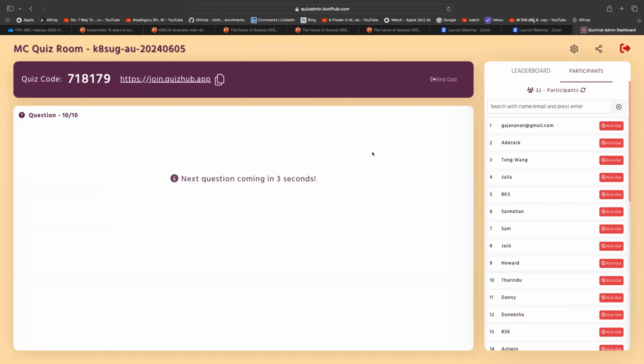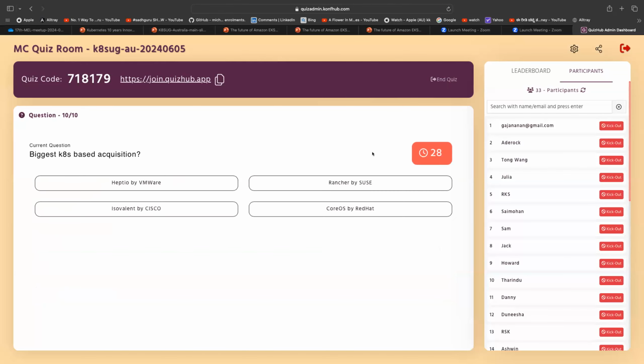And last but not least, question 10. Which is the biggest K8s-based acquisition? Is it Heptio by VMware, Rancher by SUSE, Isovalent by Cisco, or CoreOS by Red Hat?